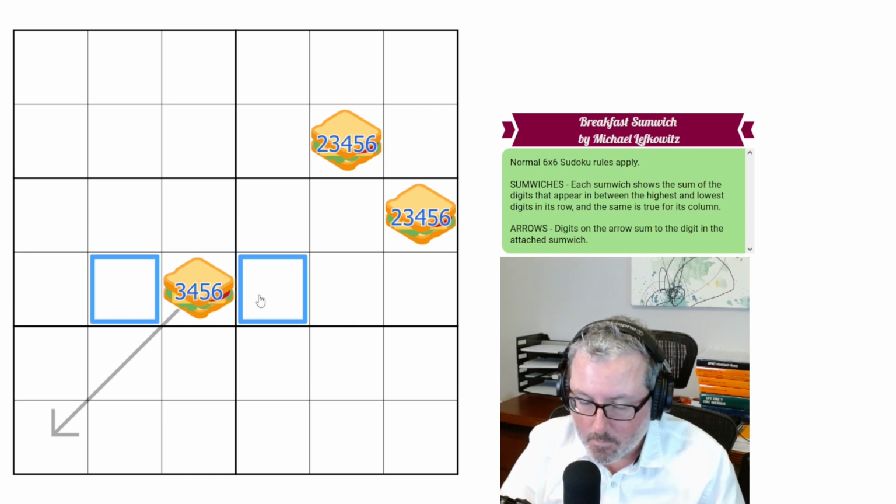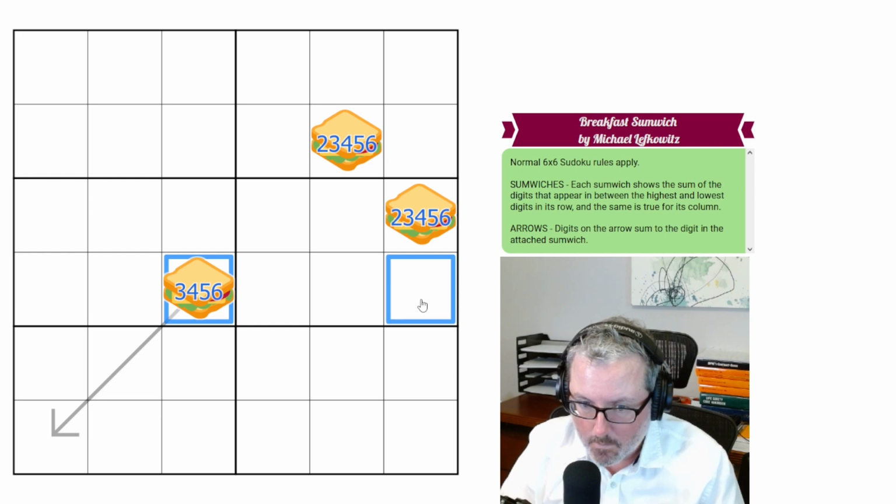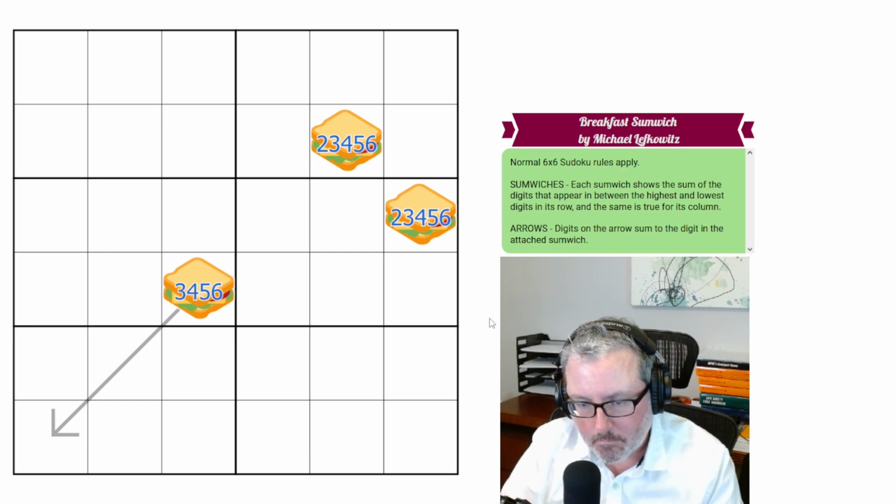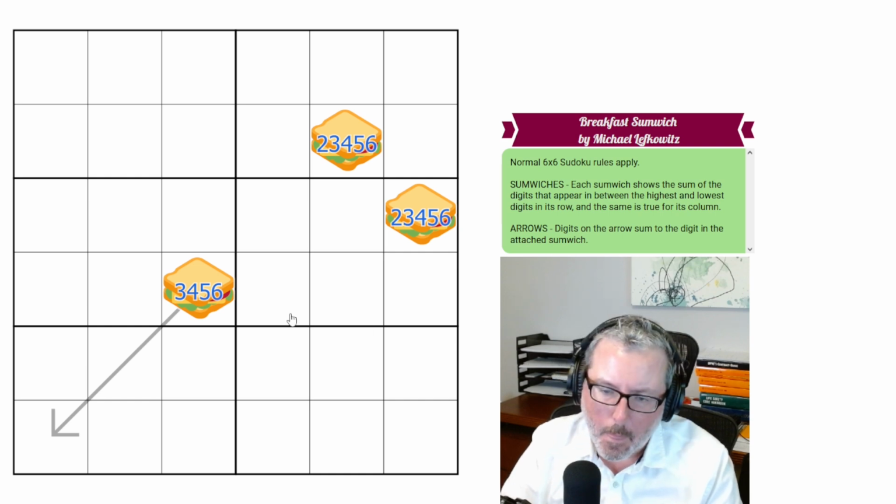Because either this is a 1, 6 here, or this is a 6 and a 1. So these can be 6s, but none of those can. Does that mean anything? I don't know that it necessarily does.